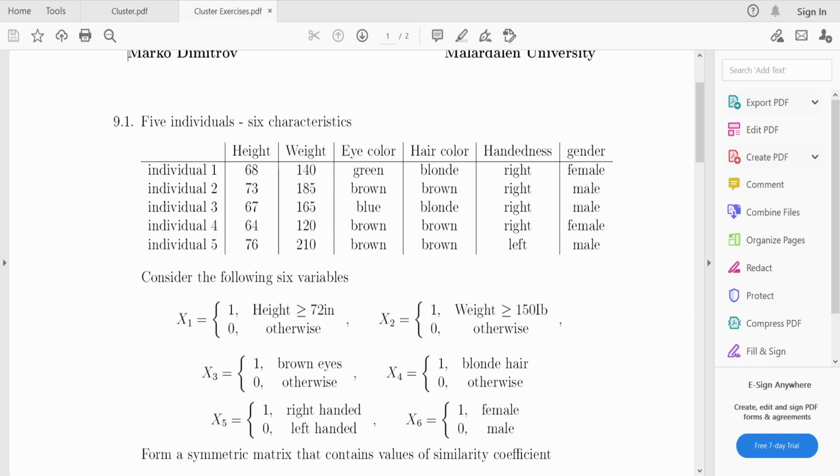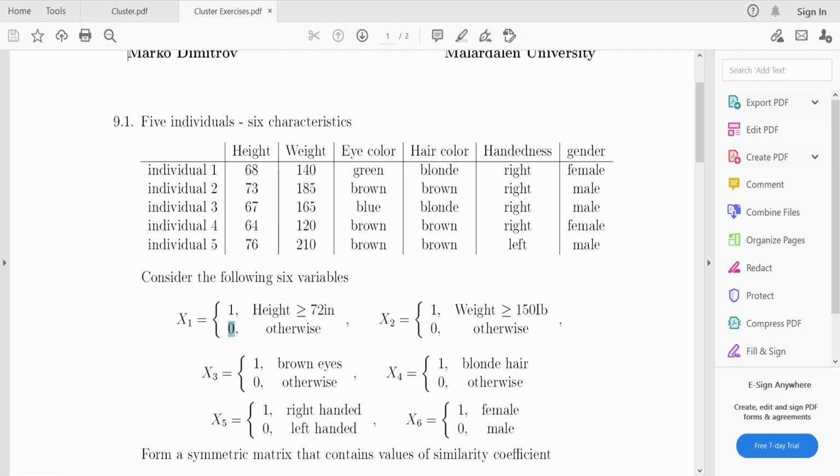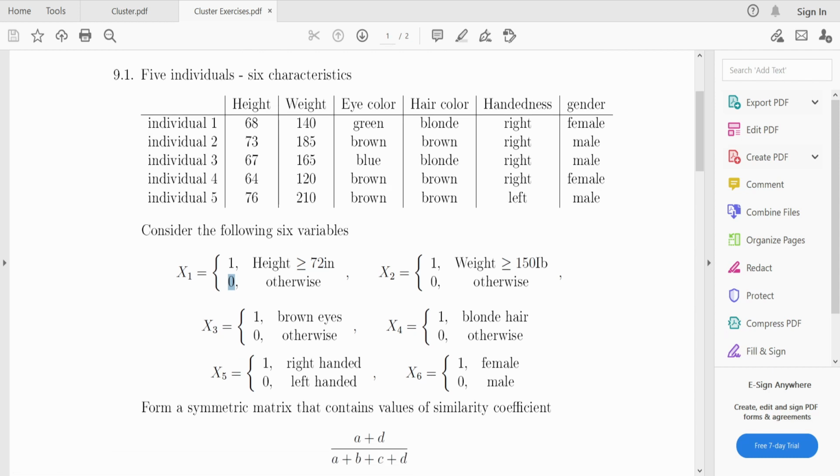It is a variable where some item or individual either has a characteristic or doesn't. So it can take values 1 if it has that characteristic, or 0 if the characteristic is not there. There are many examples of such variables. In this case, we will use 6 binary variables.